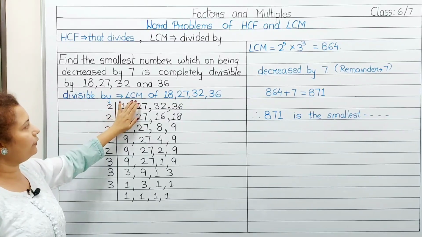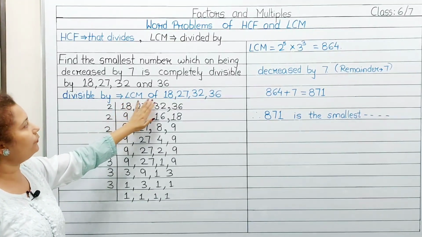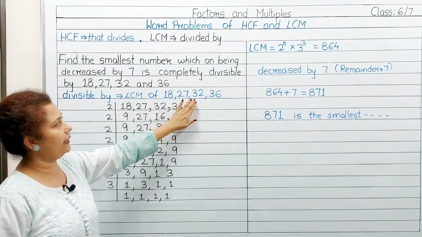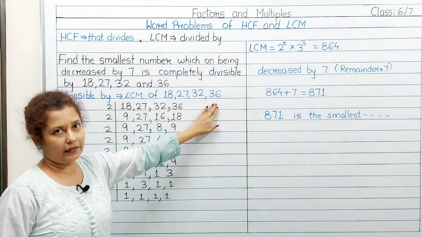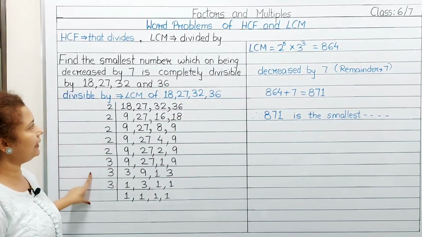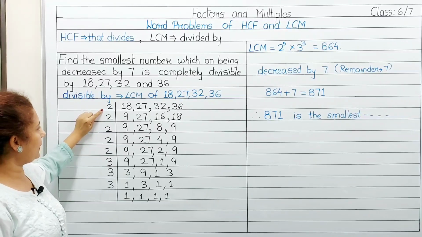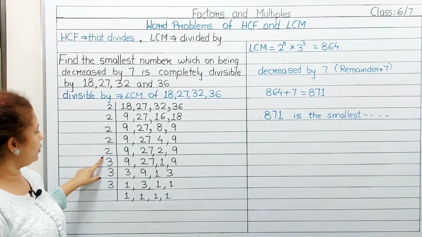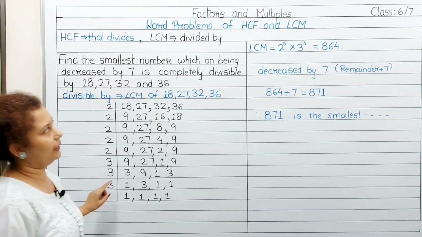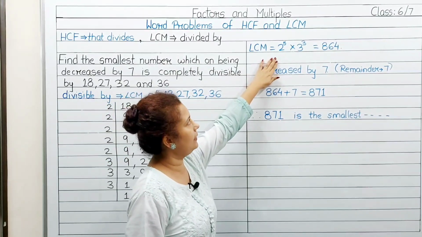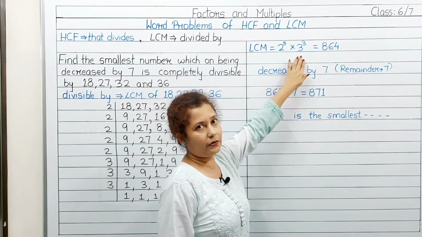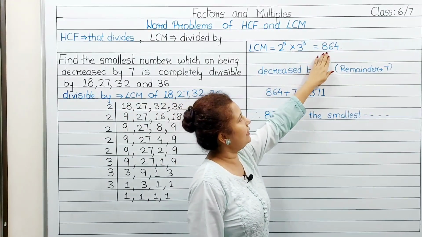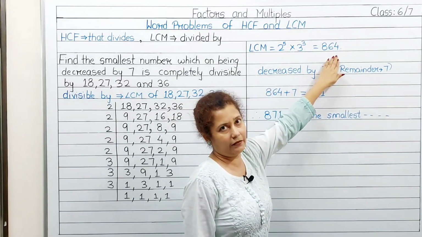So here we have to find the LCM of 18, 27, 32 and 36. So when we find the LCM, we get the factors 5 times 2 and 3 times 3. So we'll multiply 5 times 2 and 3 times 3. So we get the LCM as 864.